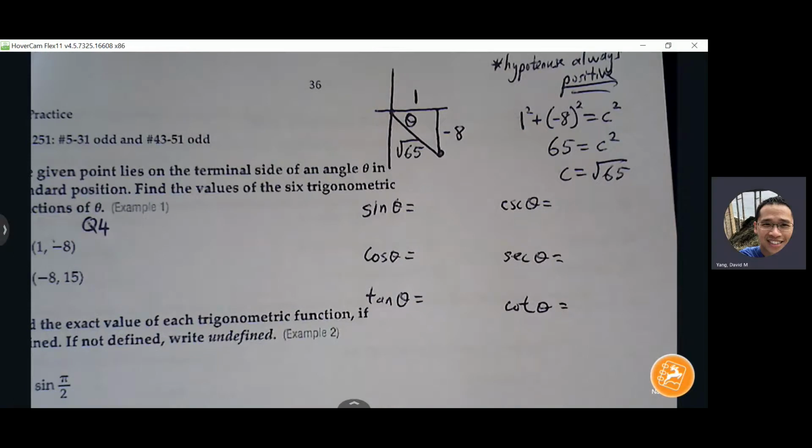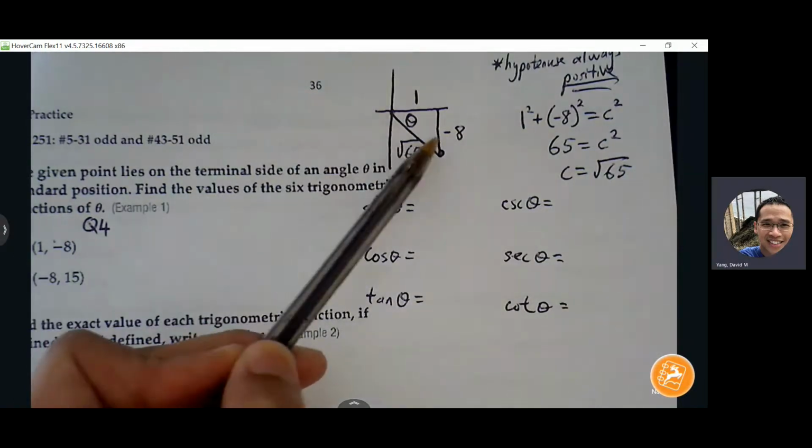All right, so sine is opposite over hypotenuse.